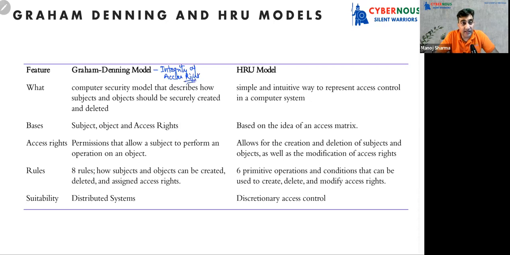It is a computer security model which talks about subjects, objects, and the access rights in between them. I hope by now you can imagine this: it is nothing but an access control matrix or access control list.